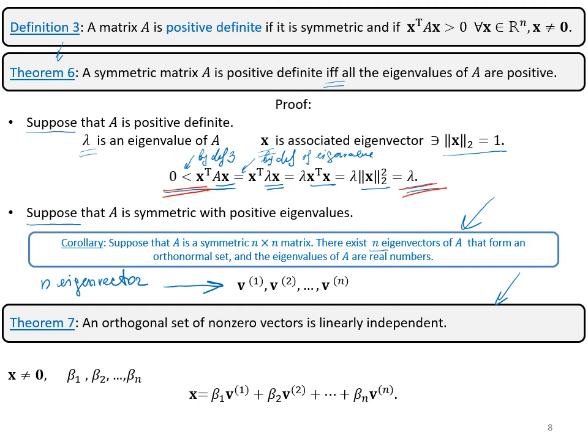So, for any non-zero vector x, there exists a unique set of constants, let's say beta 1, ..., beta n, for which we have this expression.